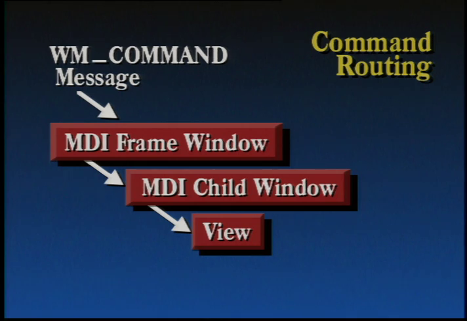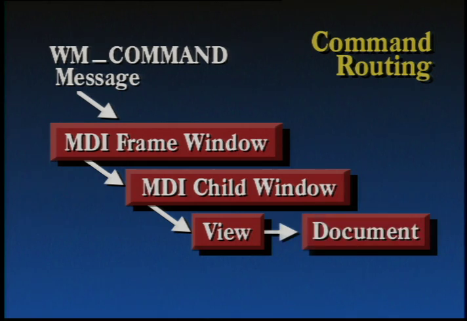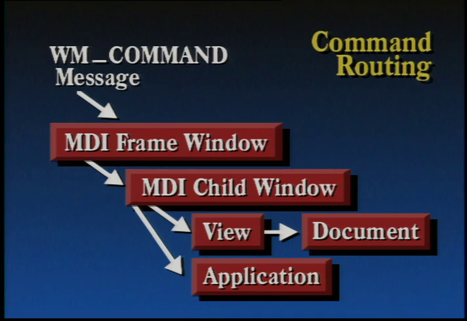The view handles most messages. If the view doesn't handle it, it sends it to the document. If no one really wants a message, last chance gets sent to the application. So this very simple notion of just having a structured way of routing messages makes it very easy for you, the class designer, to decide where the message should be handled. Which class is the best class for handling this particular command?